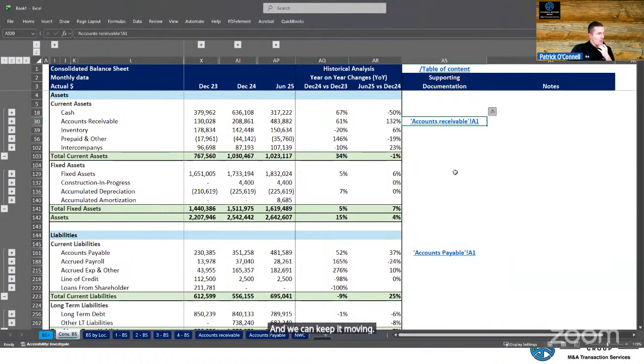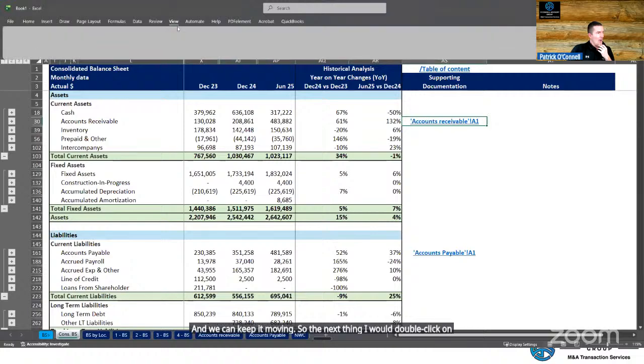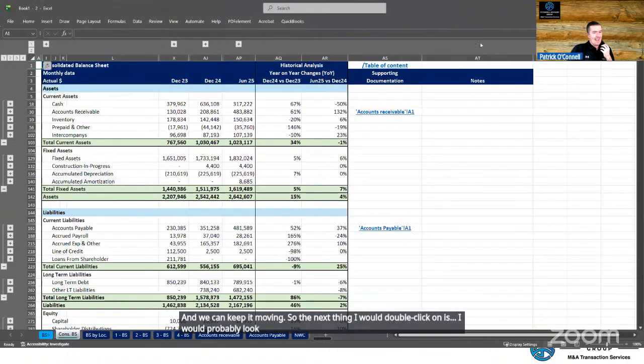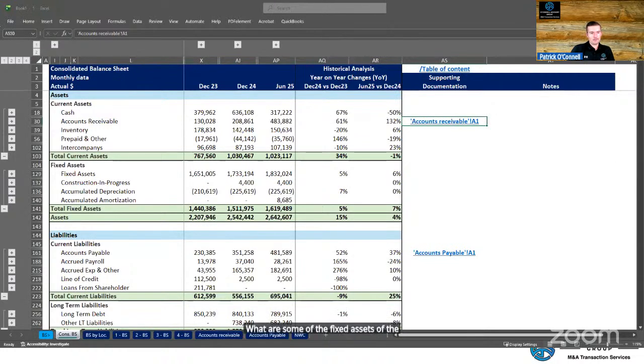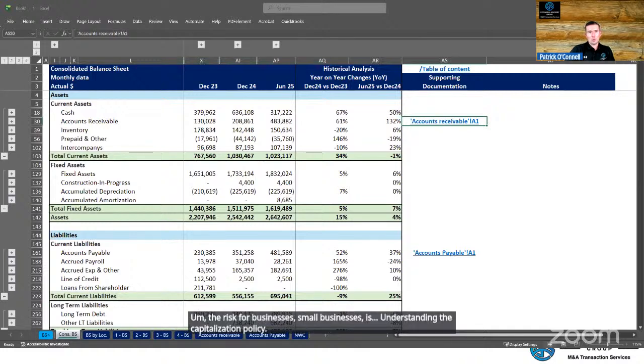So the next thing I would double click on is I would probably look at the fixed assets. What are some of the fixed assets of the company? The risk for small businesses is understanding the capitalization policy. I'll give you an example of capitalization.